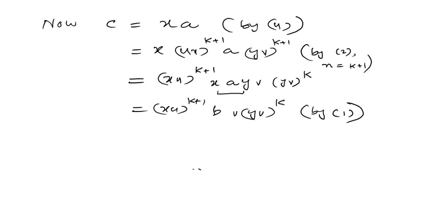Again, this yv is an idempotent, so I can write it as yv power 2k. This is equal to xa power k plus 1, then b, then v, then yv power 2k.